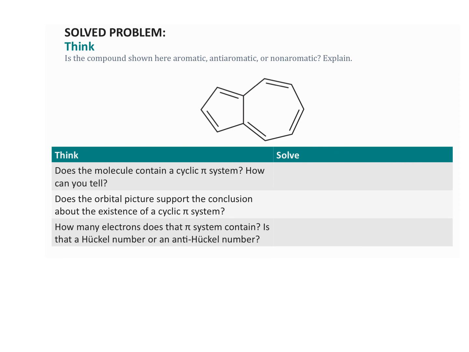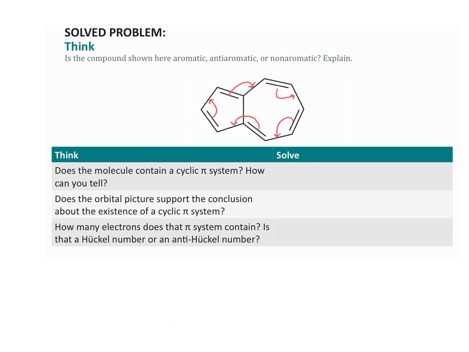Well, when we look at this, first off, let's ask our question, does the molecule contain a cyclic pi system? And how can we tell? Well, we are going to draw the resonance structure. So remove this bond here, and then we can move this bond here, and then we can move that bond here, and then we can move that bond there, and then we can move that bond there, okay?